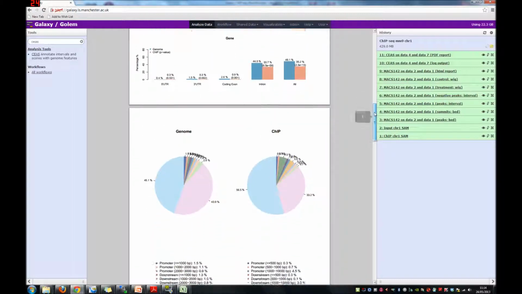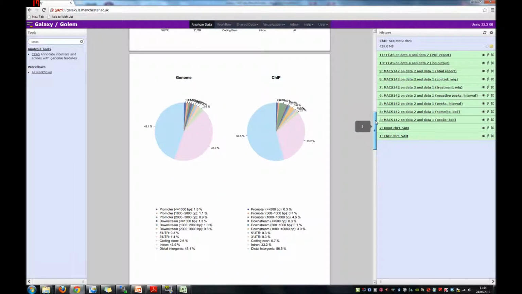Of particular interest, and one that I'm usually quite interested in looking at, is where the binding regions sit relative to areas of a gene.